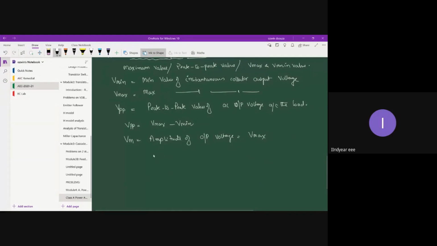So you can write that your maximum voltage is, or you can say peak to peak voltage is 2 times the maximum voltage, or the maximum voltage is basically peak to peak voltage divided by 2, which is also equal to, what is peak to peak? Peak to peak is V max minus V min divided by 2.